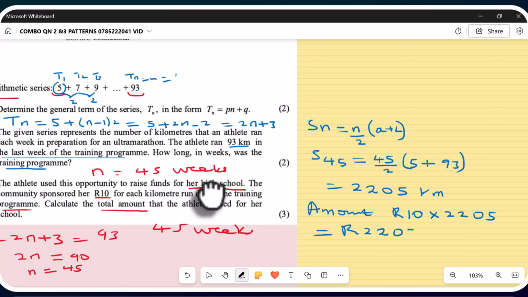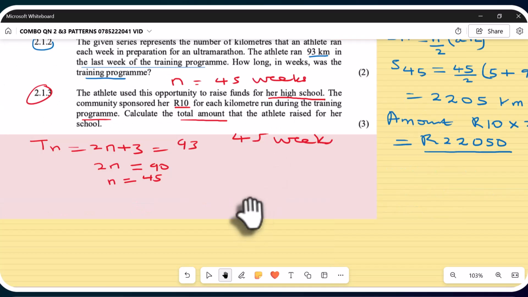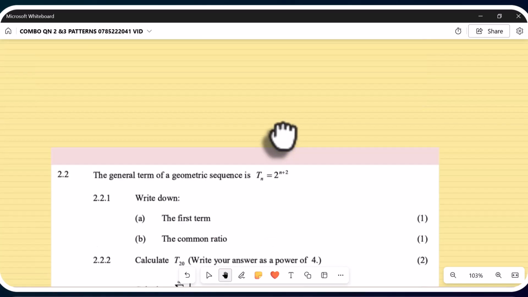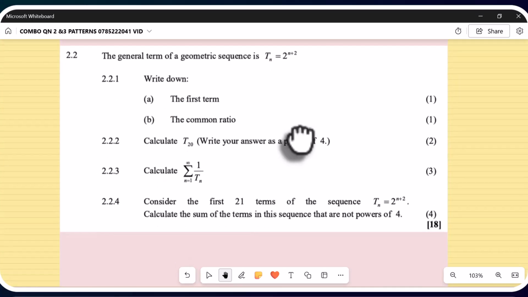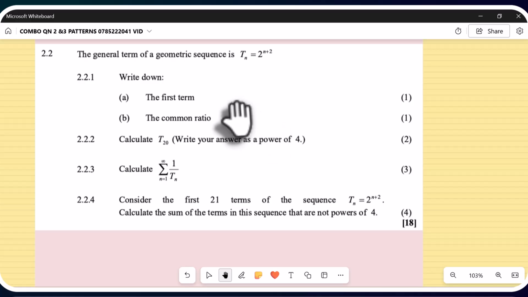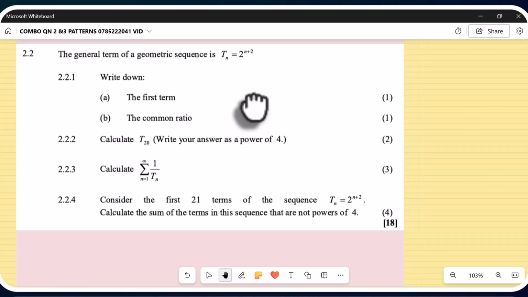So our T2, 1 over 2 power 4, divided by 1 over 2 power 3. Multiply by the reciprocal, 2 power 3 over 1, to change from division. So our common ratio is going to be 1 over 2.